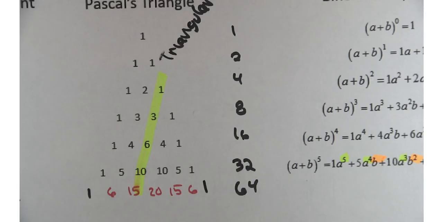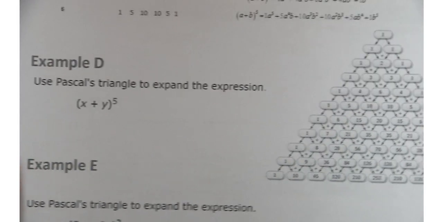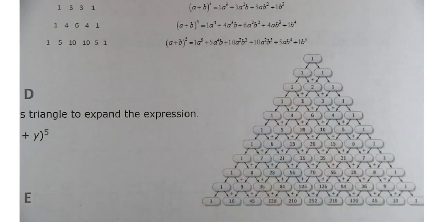Now what we want to use it for is expanding binomials. So, for instance, let's start out with example D here. And this is just a much larger version of Pascal's triangle there.